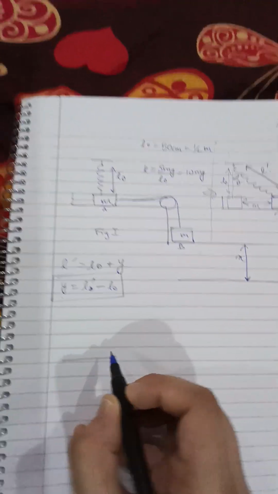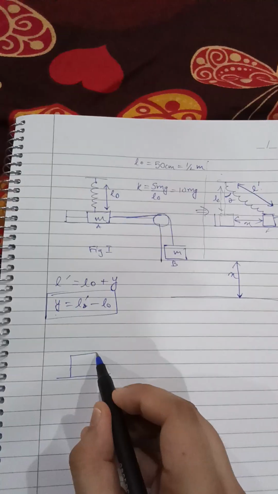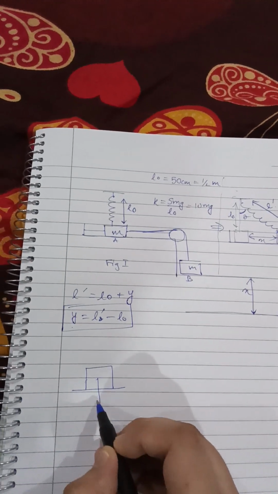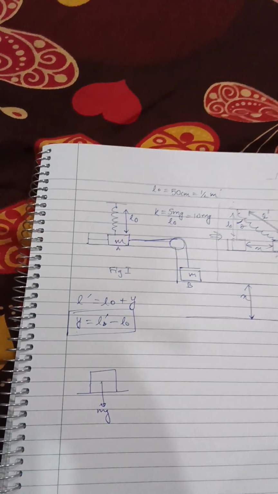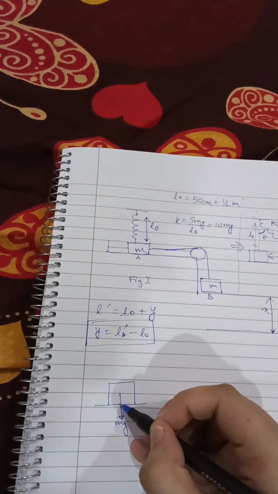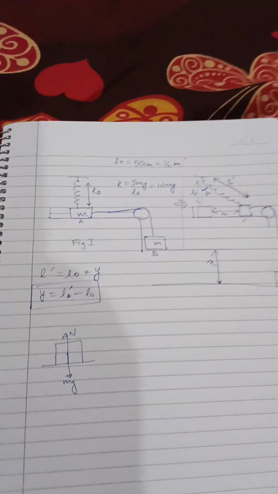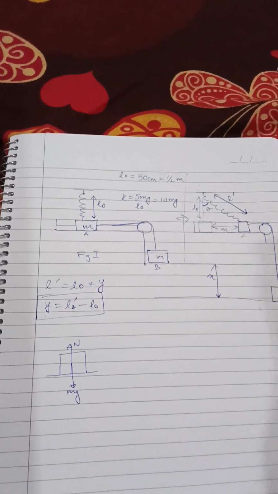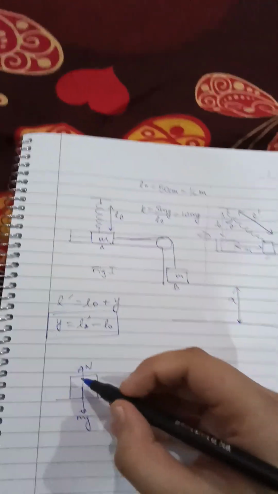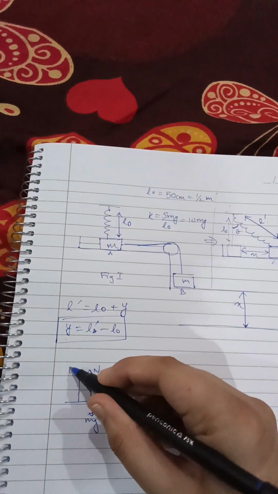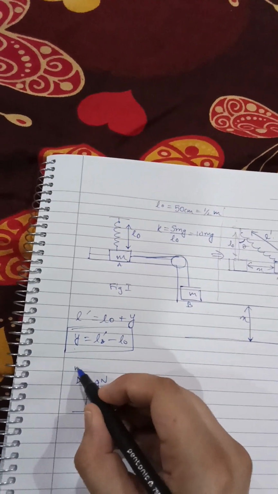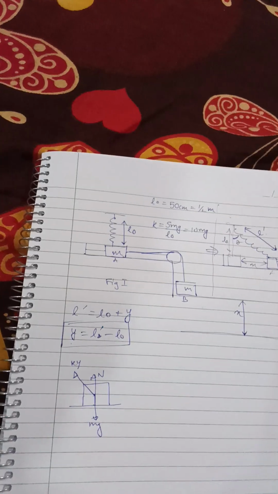Okay, so I hope you can see this well. Obviously mg will be acting on the block. Now I will write that there's a normal force acting, even though I would take it as 0 in that moment, but it's still a good habit to write it. And in this direction, Ky will act. Why Ky?